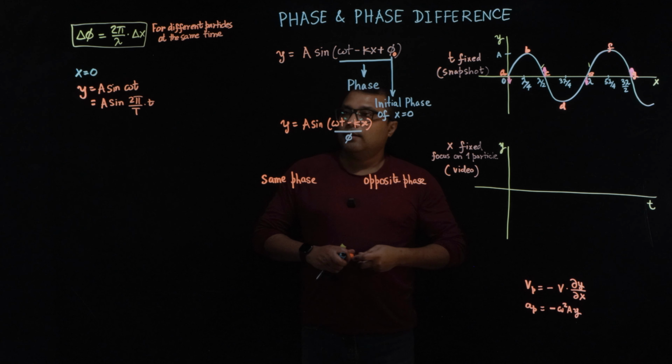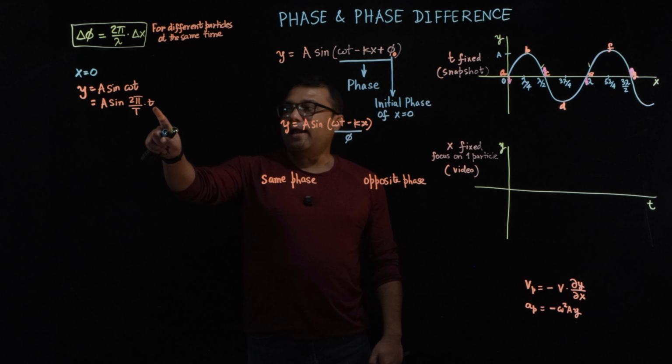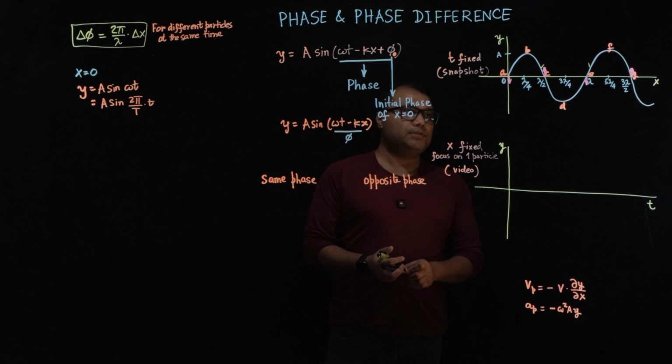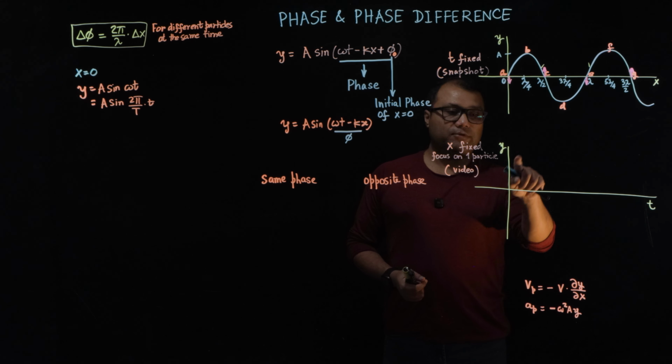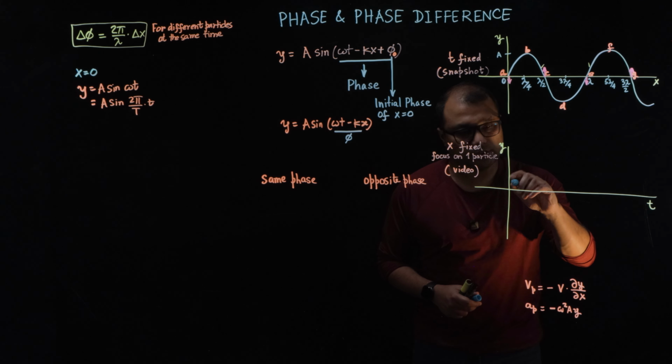Okay. Now at t equals 0, sine is 0. So the sine curve will be similar to this. We will start with this. So let's draw that.